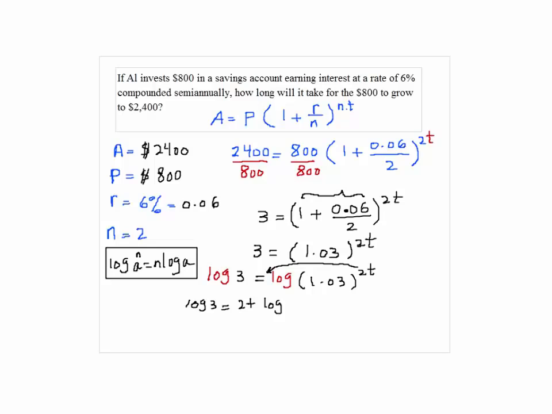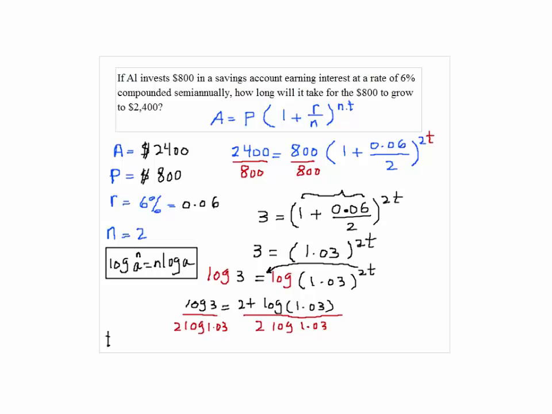log of 1.03. So I can divide both sides of the equation here by 2 log of 1.03 to isolate t. So there we have it.